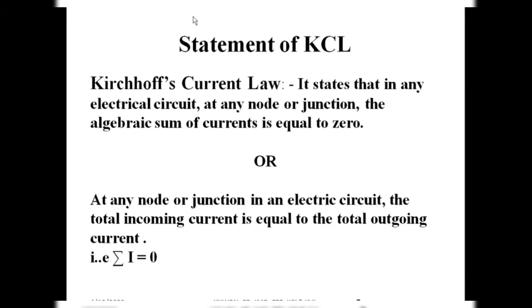The Kirchhoff's law statement states that if in any electrical circuit at any node or junction, then the algebraic sum of currents at that node or junction is equal to 0, or in another way we can write the statement as at any node or junction in an electric circuit the total incoming current is equal to total outgoing current, that is summation of the current will be 0.